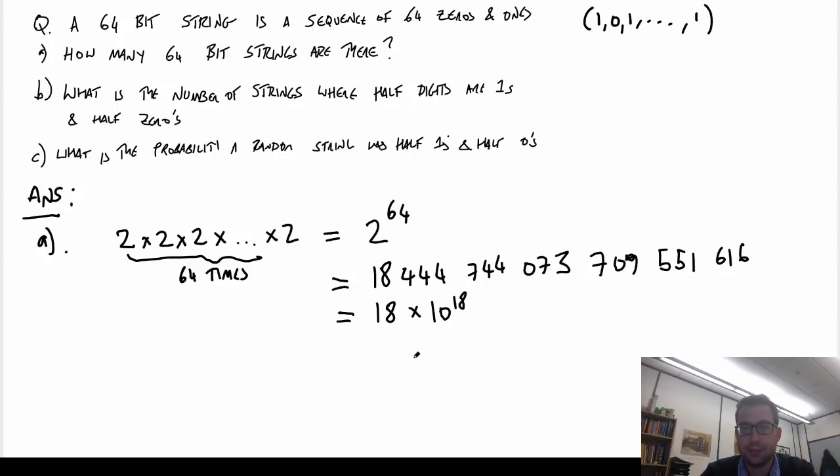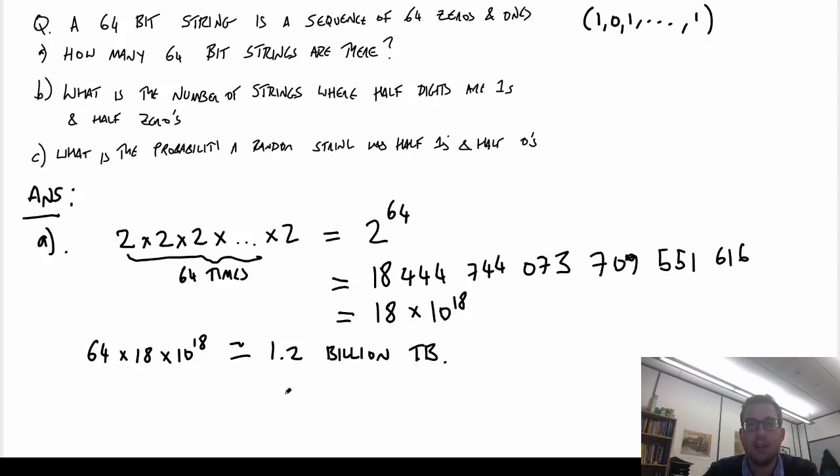If you think about it in terms of what we'd need, remember that we've got 64 numbers to store, and there's this many of them, so I'd need sort of 64 times 18 times 10 to the 18 to store this, and you can work out that that's about 1.2 billion terabytes.